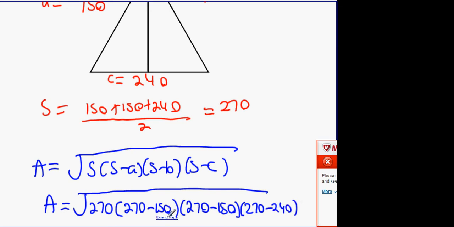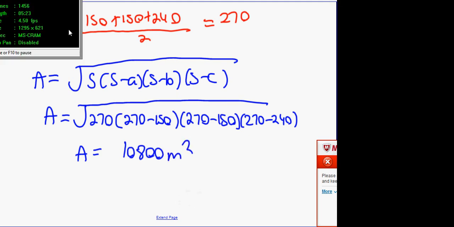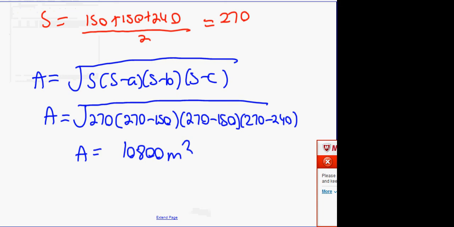What would all that turn into? 10,800 meters squared. This won't be the answer in the back of the book, because this is the area of one triangle. We're looking for the area of 4 triangles. So multiply that by 4 and tell us what we get.